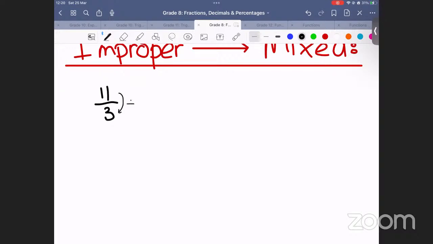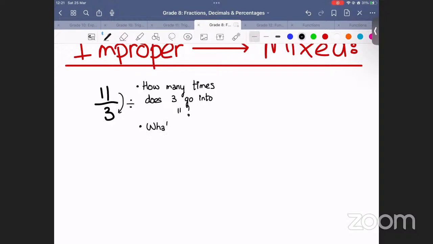11 divided by 3 doesn't go in an exact amount of times, but you basically ask yourself, how many times does 3 go into 11? 3 goes into 11 3 times with a remainder. So you're going to say how many times does 3 go into 11?